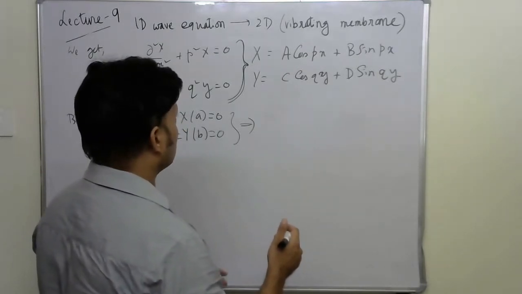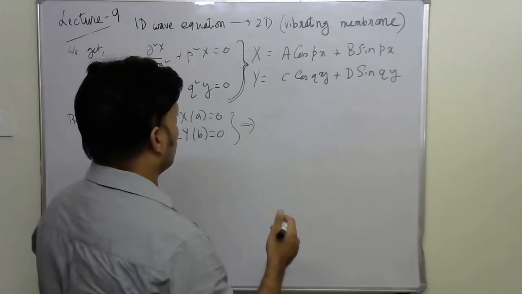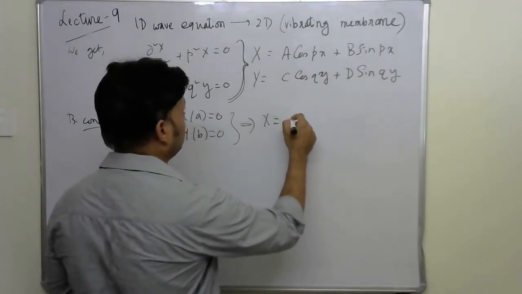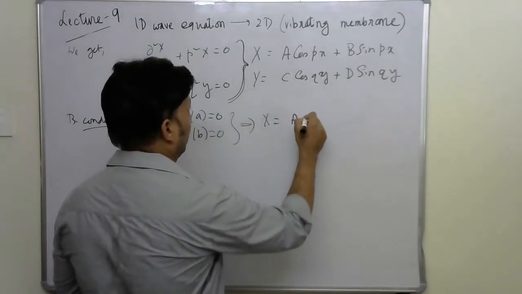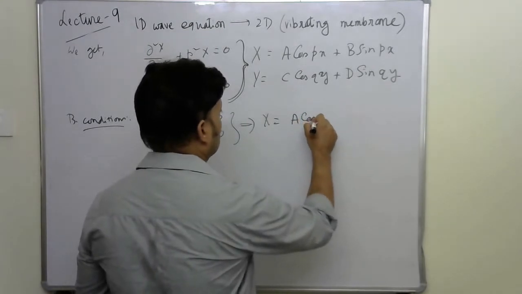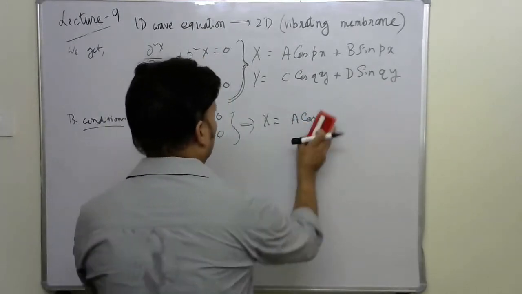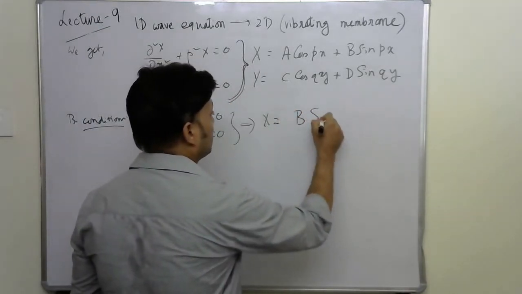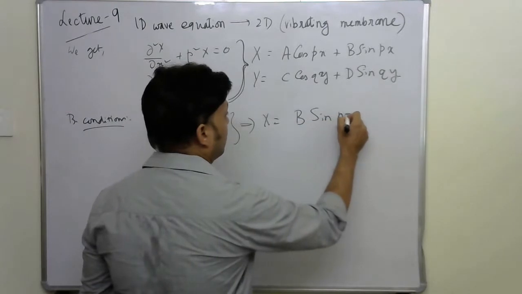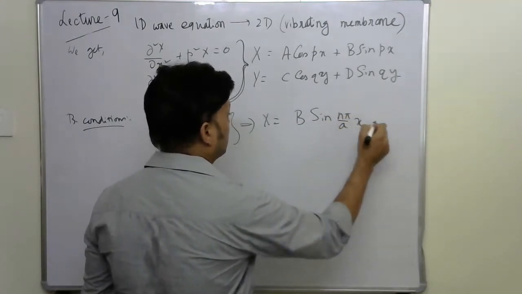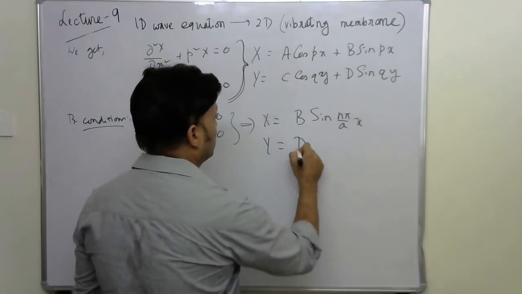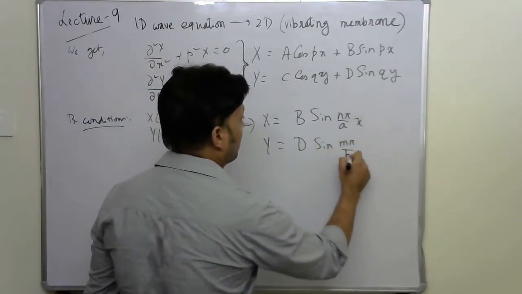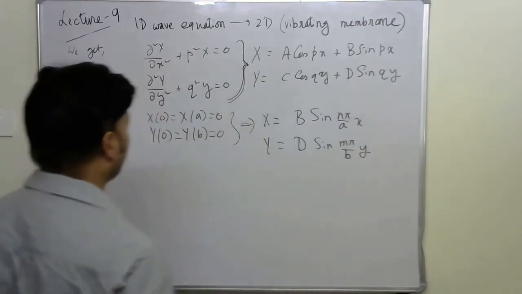If we put that, we can easily get the specific solutions. So X is equal to, sorry, because the cosine part will become 0, we directly get b sin(n pi x by a), and Y is equal to d sin(m pi y by b).